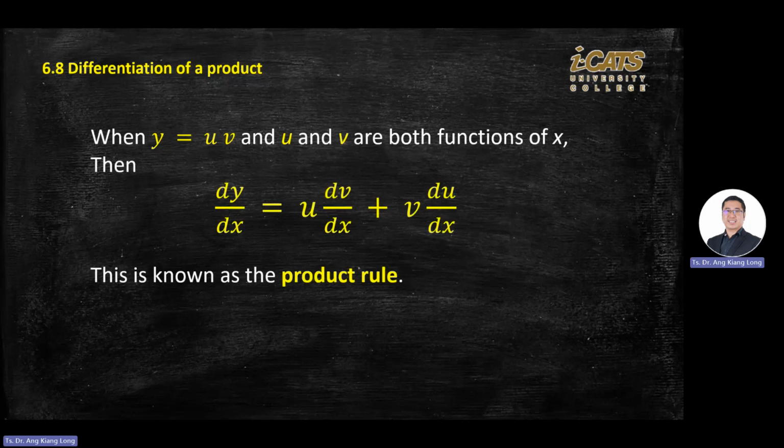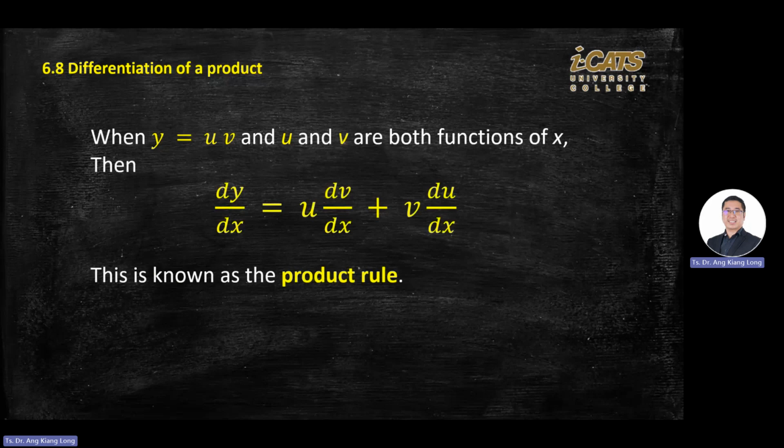So you have a function y that consists of two functions, which is a multiplication of two functions, maybe x bracket x power 3 and so on. It means you have two x functions that multiply each other. So y equals uv. uv is a multiplication, right?